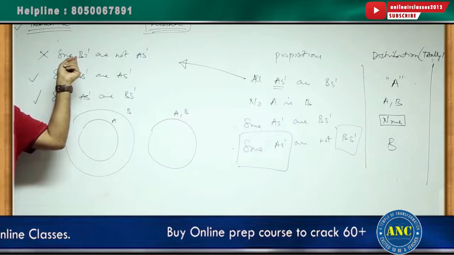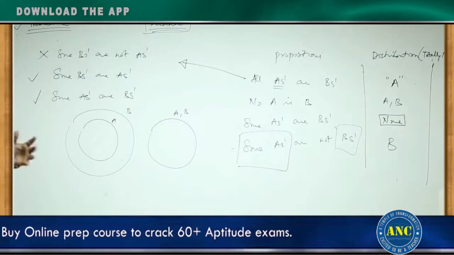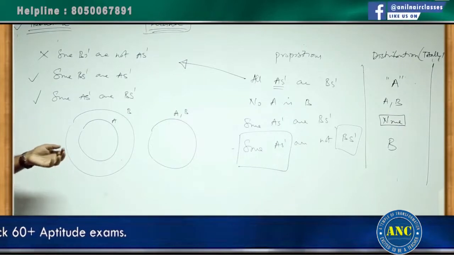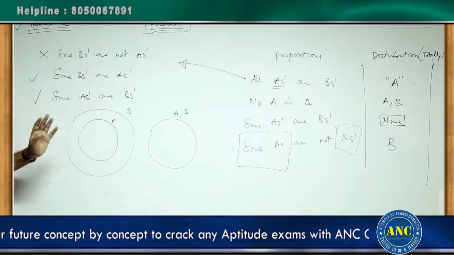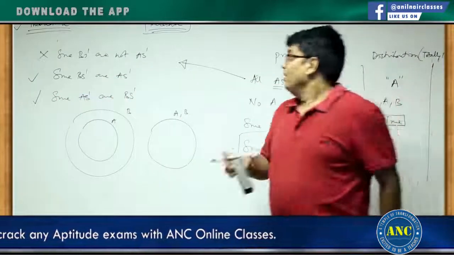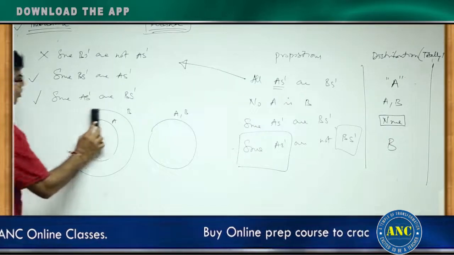Is everyone okay? Yes. So can I say all B's are A's? Obviously not. Or can I say that all B's are not A's? No, I cannot say that. So what are the two possible answers for all A's are B's? What are the immediate inferences that we can draw?